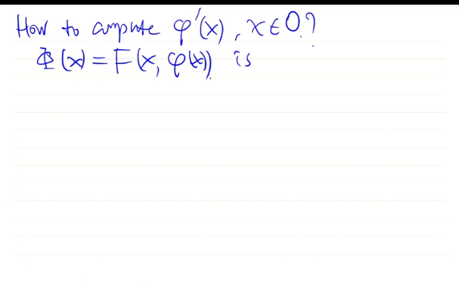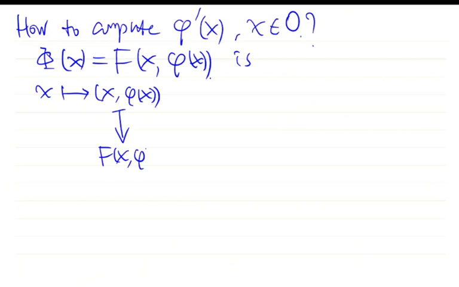So we map x to (x, phi(x)), and then to F(x, phi(x)). That is our capital phi here.